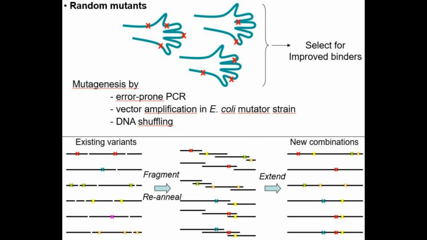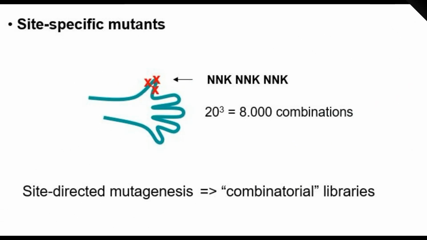So these are all random mutants, but we can also have some site-specific mutants, such as in a particular finger of a display vector. A finger is basically something like a kink you can consider.